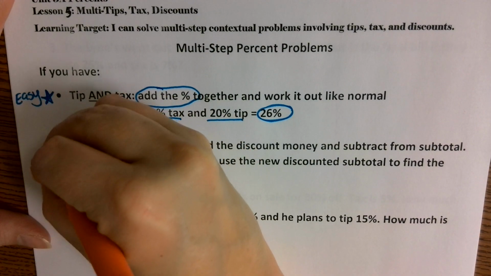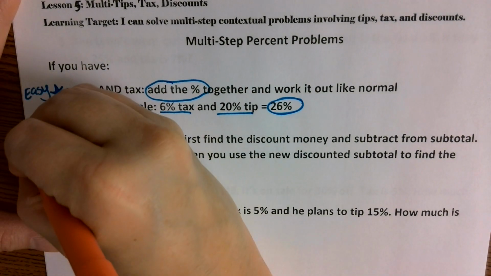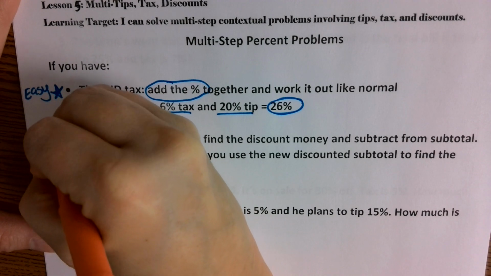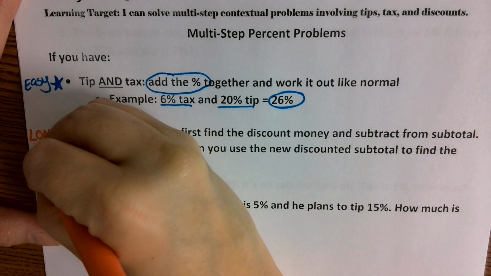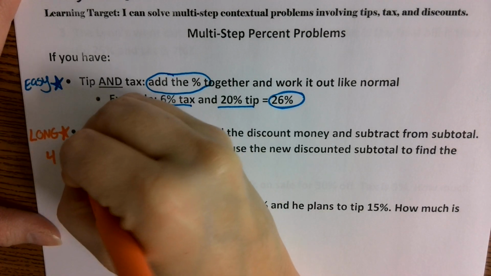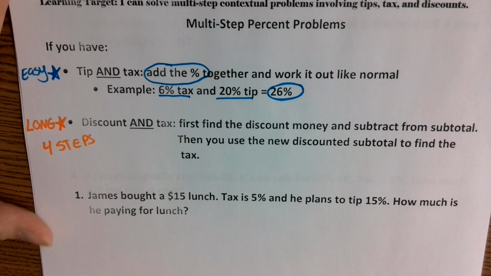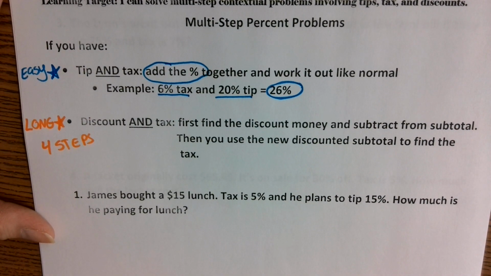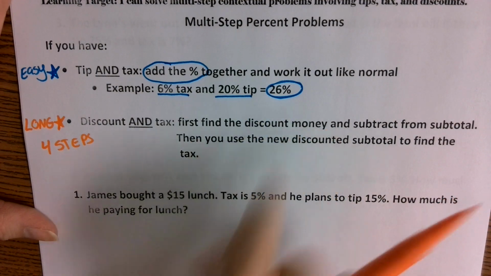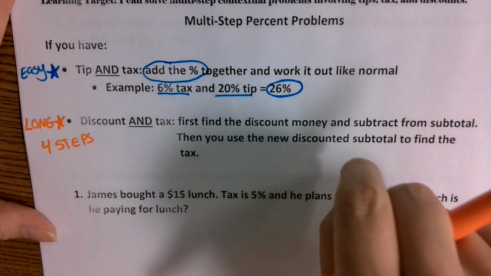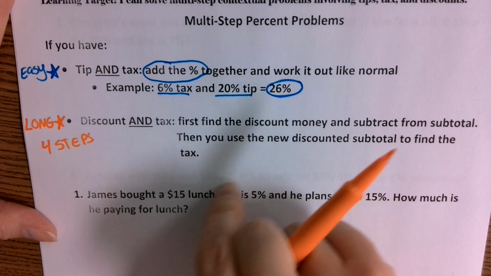Put a star next to the discount one. This is not hard, but it's long. It is a long 4-step process. Step 1, you got to convert the discount percentage into discount money. Step 2, you got to subtract discount money from your total.